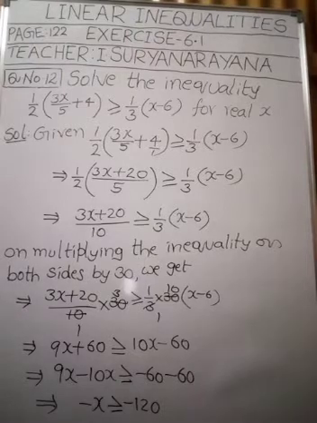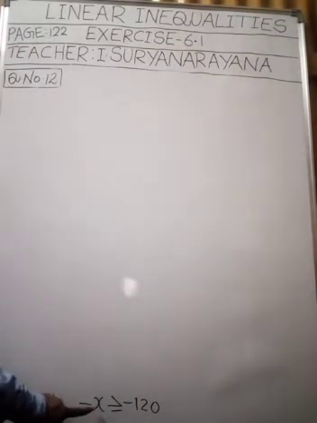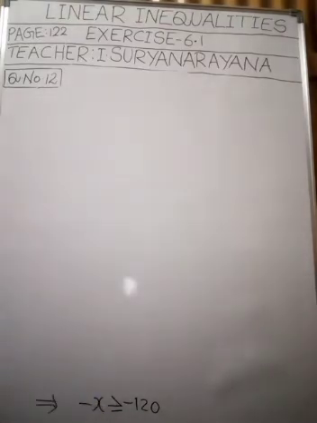Right. Here, my children, what we got here? Minus x is greater than or equal to minus 120. But we have to find the value of x only. Okay, my children? So we multiply on both sides, or we divide this inequality on both sides by minus 1. Okay, my children?